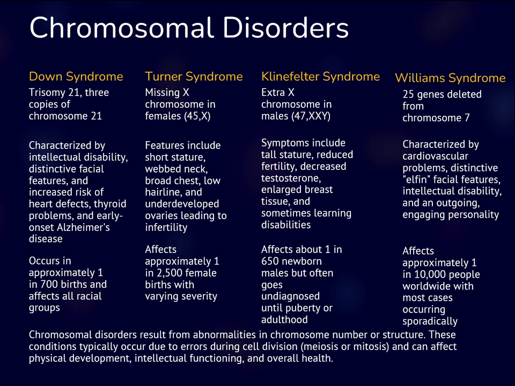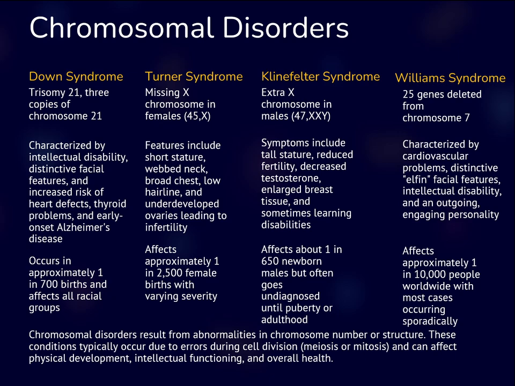Turner syndrome affects females who are missing all or part of one X chromosome. They may have a shorter height, a webbed neck. They may be infertile because their ovaries don't develop fully. There's also Klinefelter syndrome, which happens in males who have an extra X chromosome.